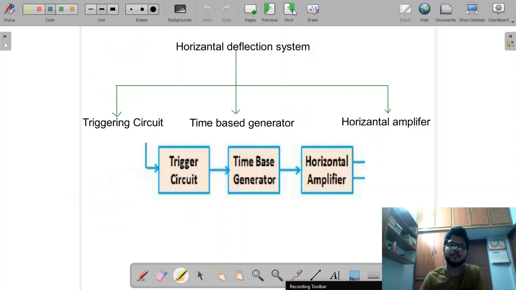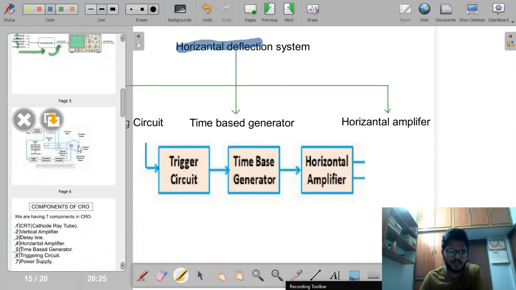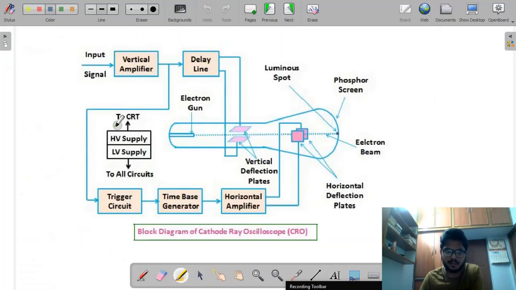Okay, next. We have now completed the entire discussion of the CRT. Now we are going to discuss the horizontal deflection system. Where is the horizontal deflection system present? See this carefully.